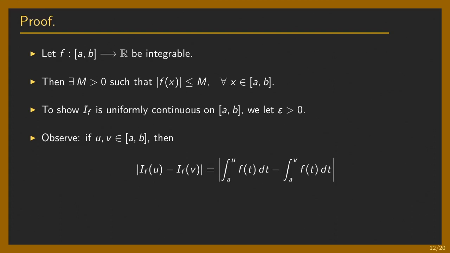Ini-integrate mo from a to u, yung little f. Ito naman, ini-integrate mo from a to v, yung little f, like so. So, we have this. Ang gagawin ko dito, i-apply ko yung additive property. So, paano yun? I would like to change this to a positive sign first by swapping this limit.